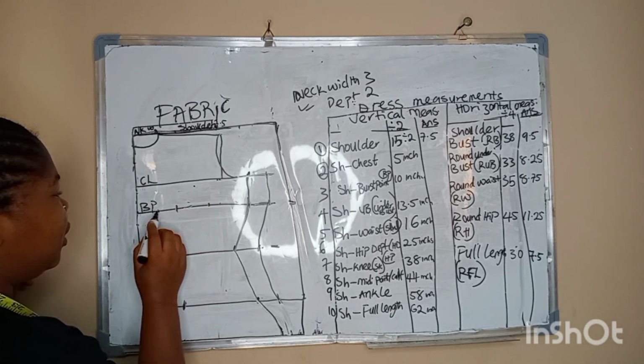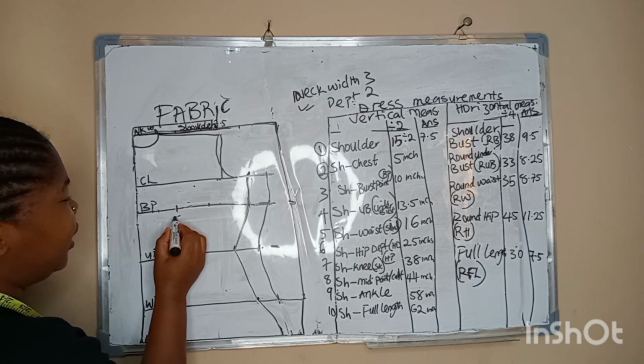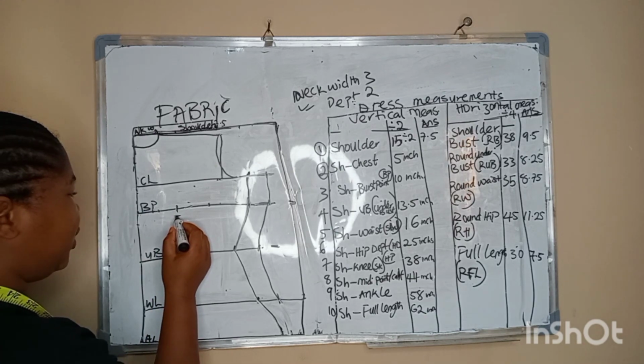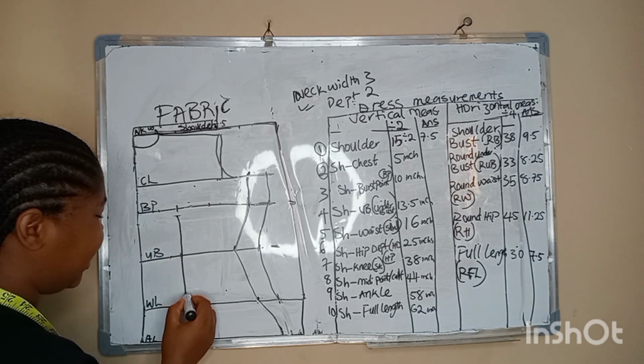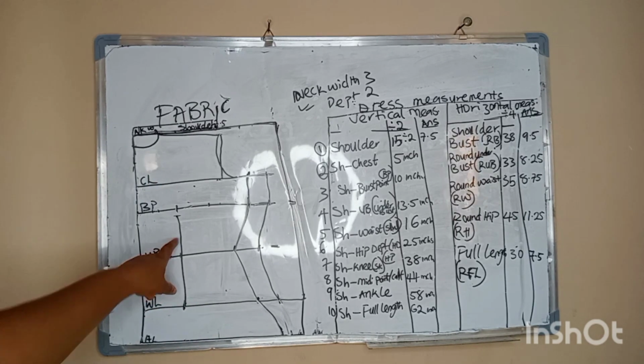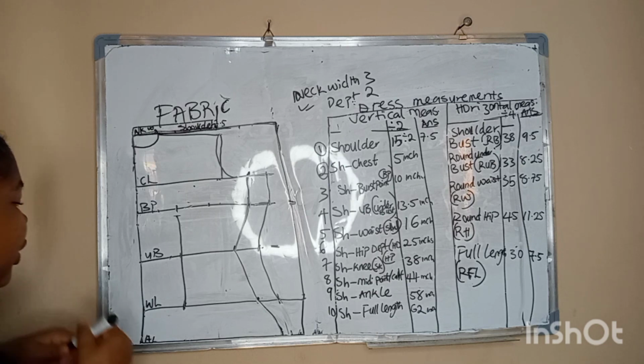When you're done marking, come down by 1 inch, what we did here, right? Connect the straight lines together like so. Then how do you get your bust span or extension?